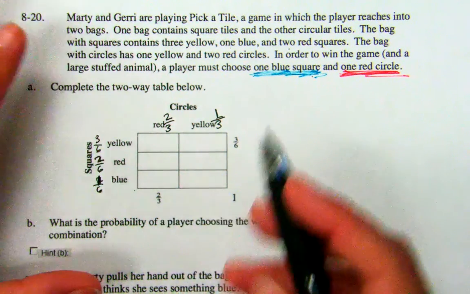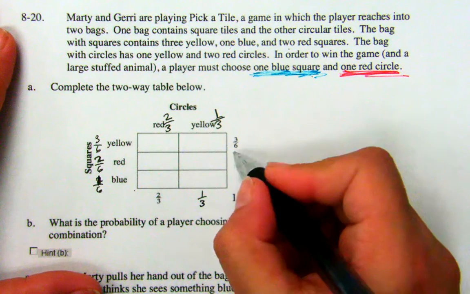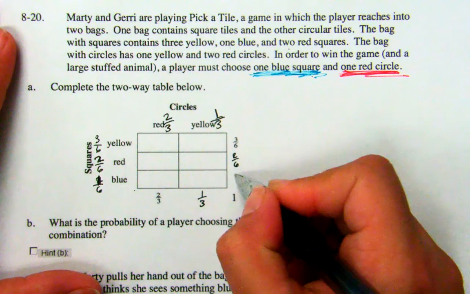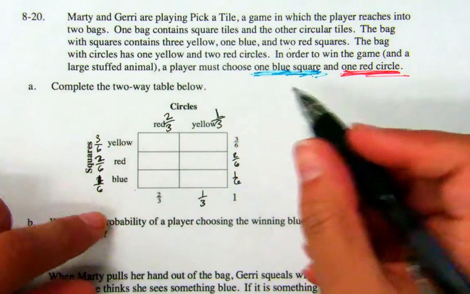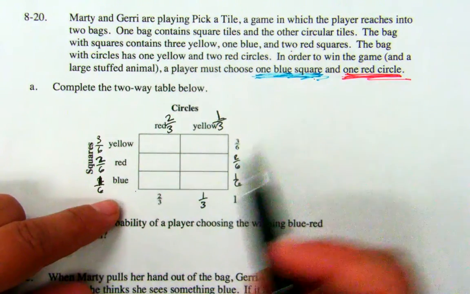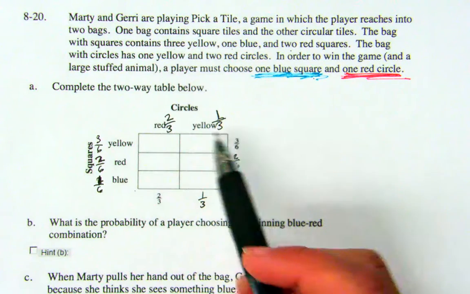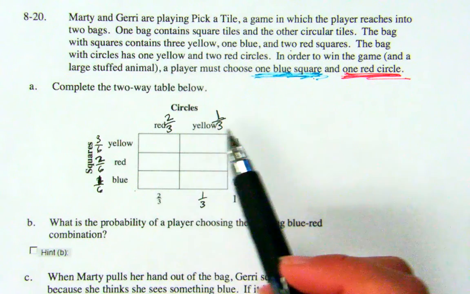Okay, I don't know what they're doing over here. I know this is 1/3. This is going to be 2/6, and this is 1/6. Okay, well, I don't know how that's going to help. Whatever, I'm assuming these are independent, so I'm assuming we can multiply.